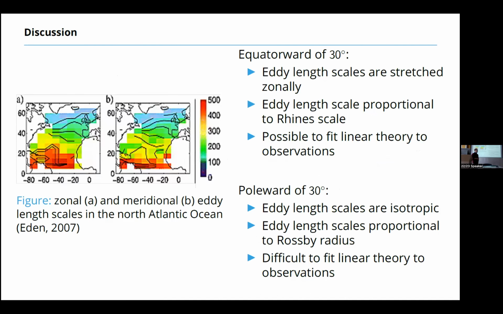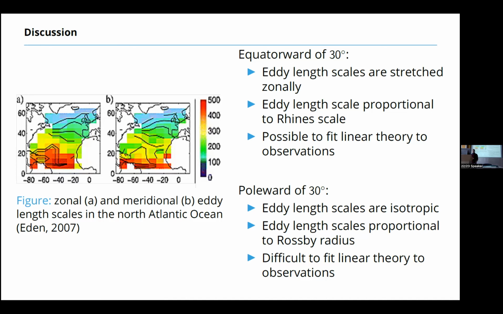And for this, I briefly need to talk about eddy scales in the oceans. So on the left, the paper here by Eden from the year 2000 shows that equatorward of 30 degrees, the eddy length scales are stretched zonally, meaning that the zonal length scale is larger than the meridional one.